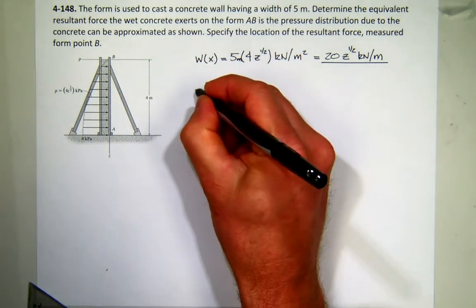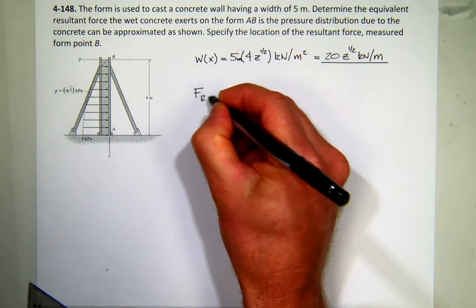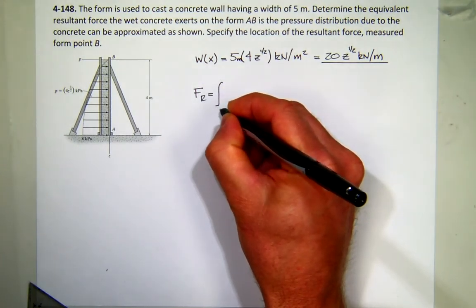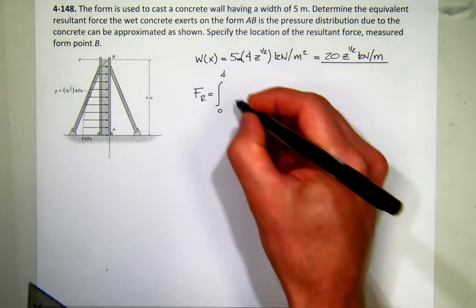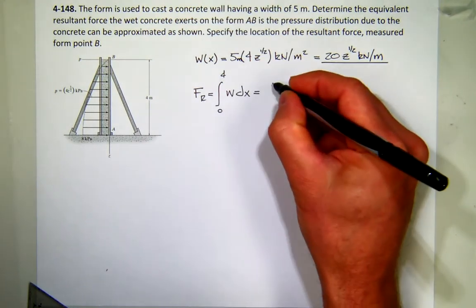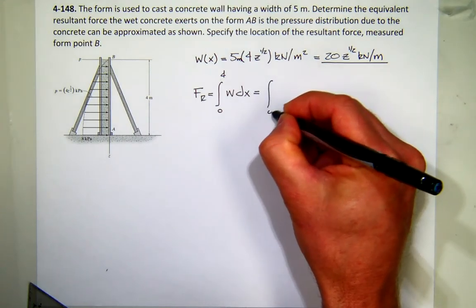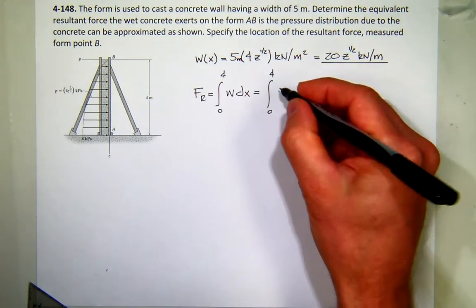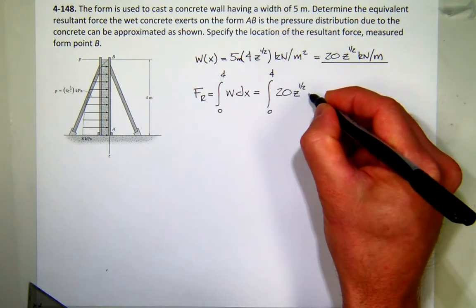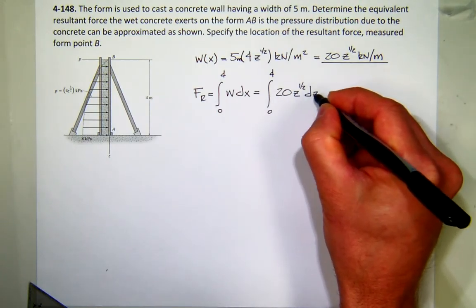So the first thing we know is that the resultant force is the integral over the length from 0 to 4 of our load dx. So again, that's the integral from 0 to 4 of 20 z to the 1/2 dz.